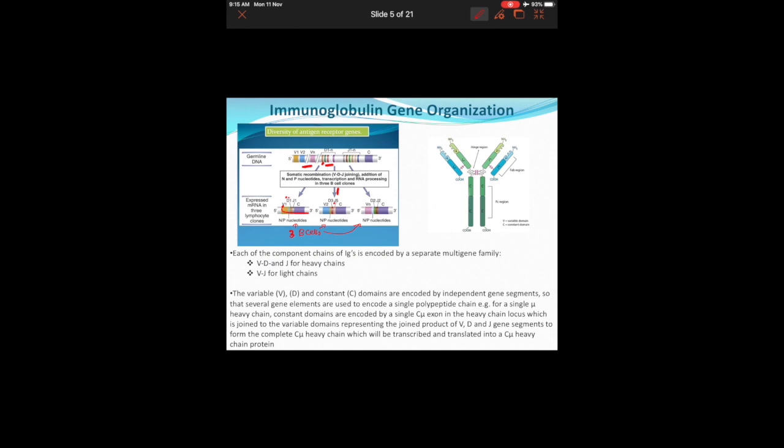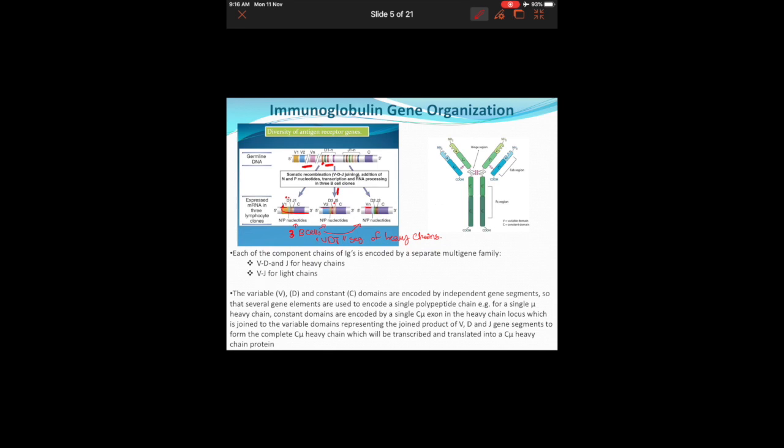So here we've got V1 being selected, V2, and Vn meaning any V. Right, so now we've got a VDJ segment which codes for the variable region of a heavy chain, because light chains only involve V and J. There's no D in between. Also note that the constant region exons, they all use the same constant region exon.